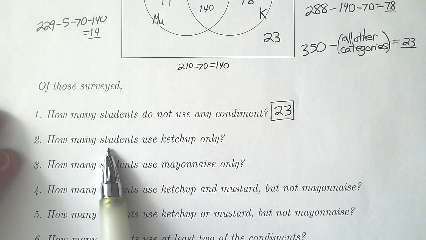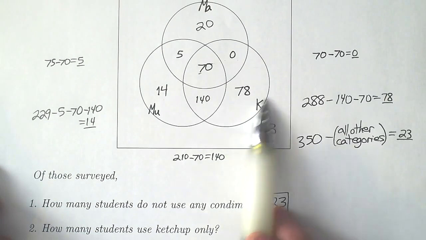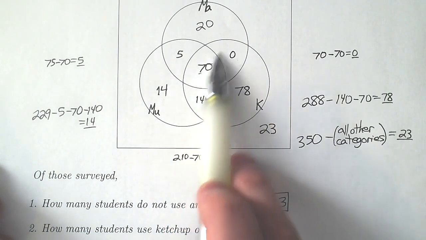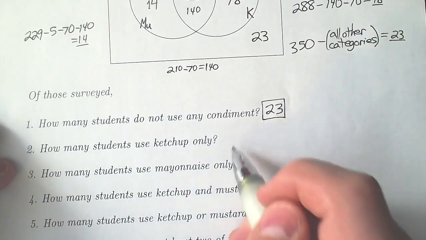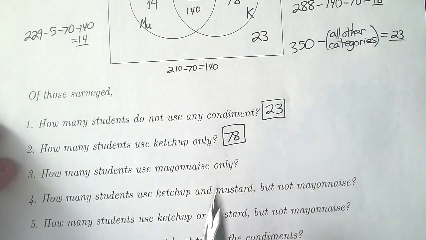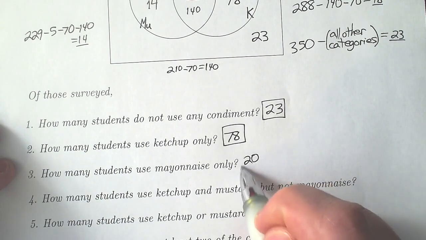How many students use ketchup only? It's this right here, right? It's the circle of ketchup, but only the students in ketchup without being in any of the other ones. So 78. How many use mayonnaise only? That is the 20 that we wrote above.